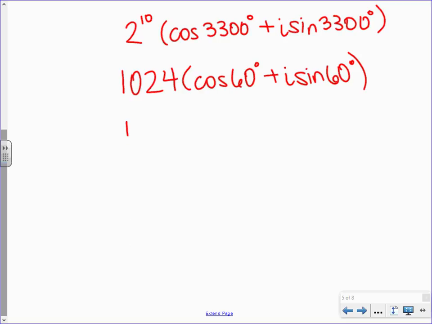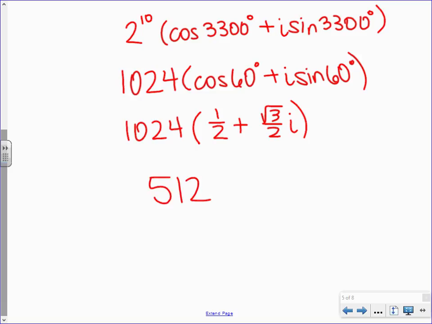What is the cosine of 60 degrees? And we know that the sine of 60 is radical 3 over 2. So if we distribute this through, we get 512 plus 512 radical 3 i.